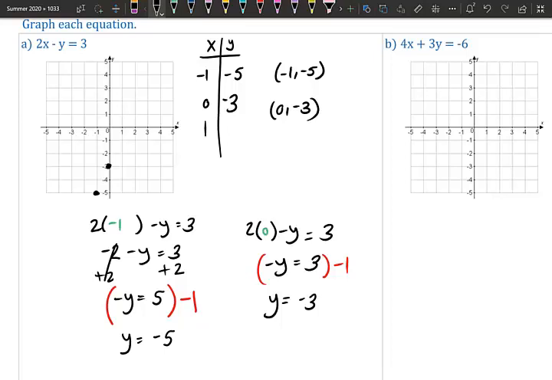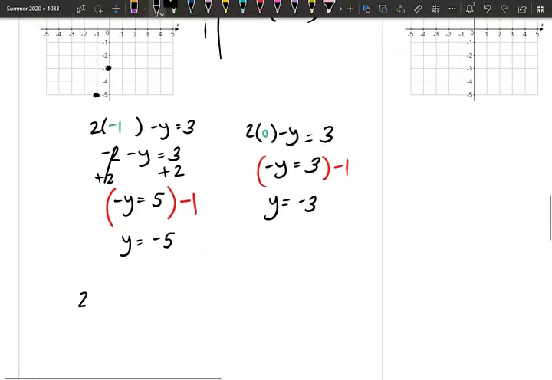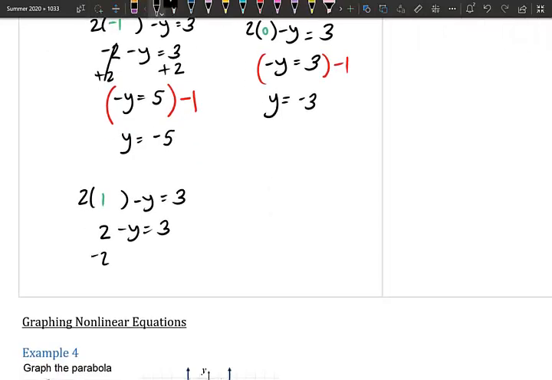Alright, our last point is 1, so let's go ahead and plug it in. We have 2 times x, which in this case is 1, minus y equals 3. So 2 times 1 is 2, minus y equals 3. I'm going to subtract 2 from both sides. And when we do, we have -y equals 1. We're not allowed to have -y, so we get rid of it, and we have y equals -1.